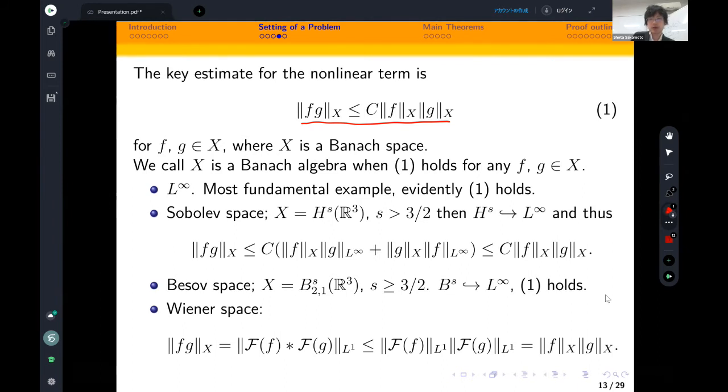But we allow here that C can be bigger than that. So it's a loose definition. So what kind of space X satisfies this condition?